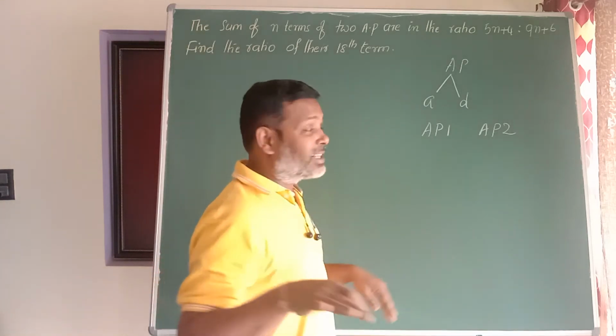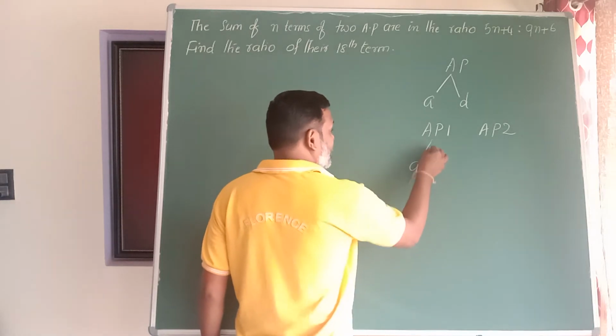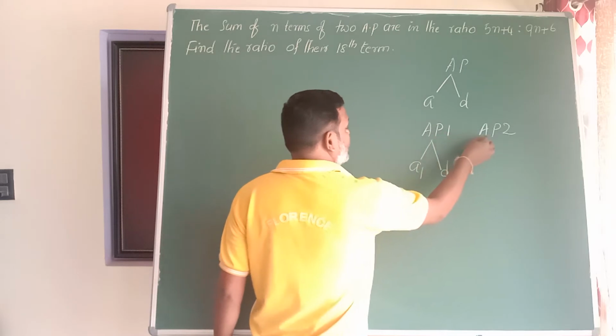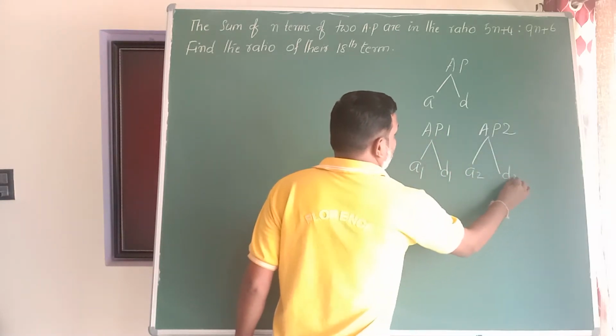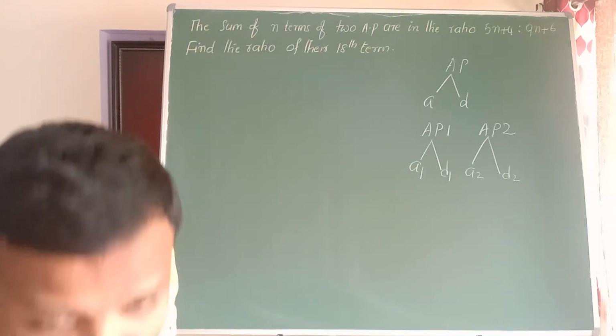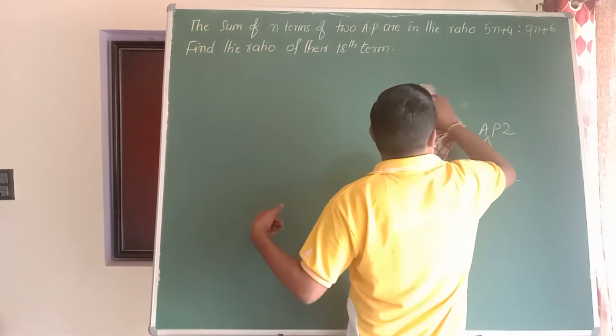we have to segregate the things such that a1 is the first term and d1 is the common difference of the first arithmetic progression, and a2 be the first term and d2 be the common difference of the second arithmetic progression. So here I can rewrite this at the very first.